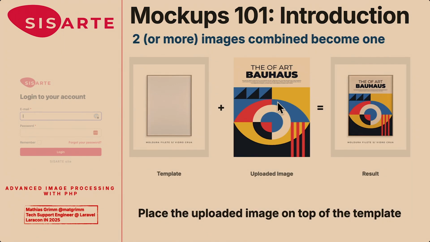A mockup is basically when you have two images: a template image, like here, and an uploaded image. What we want is to place that image in a specific place inside the other image. You can do that with Photoshop, but we can also do that with PHP.